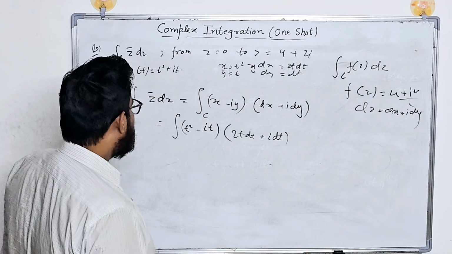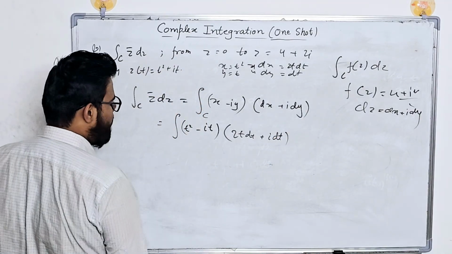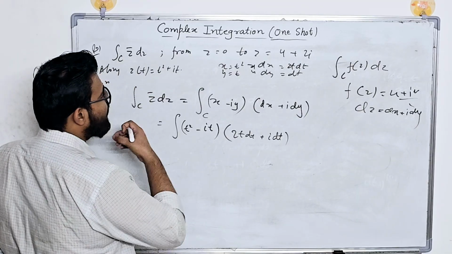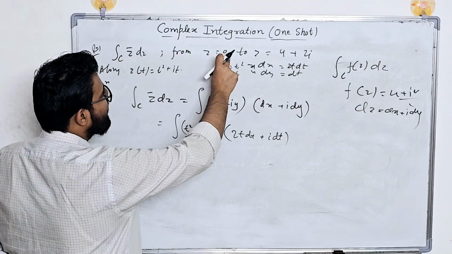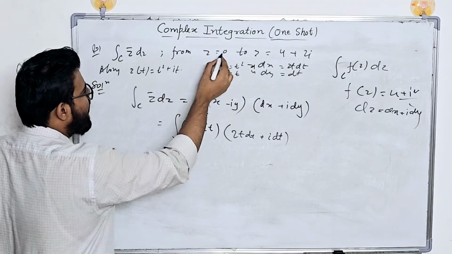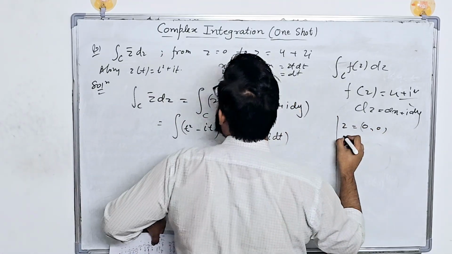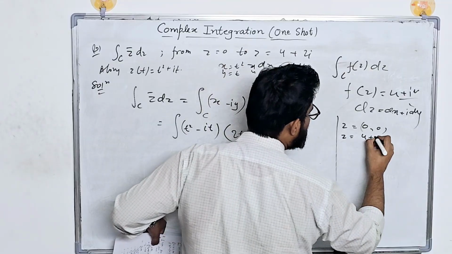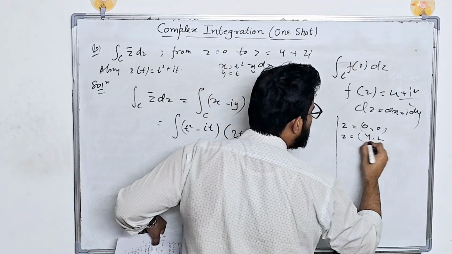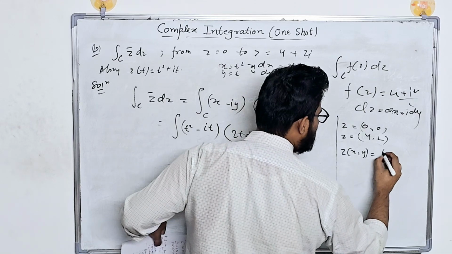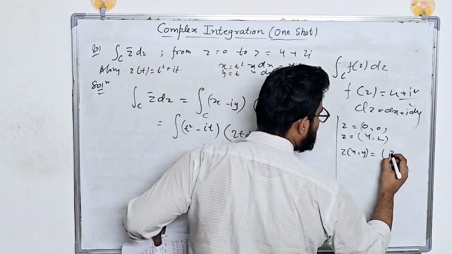Okay, so now let's substitute the limits. What will be the limits? z is equal to 0 comma 0 to z is equal to 4 plus 2i, that is 4 comma 2, and z of x comma y is equal to t square comma t.